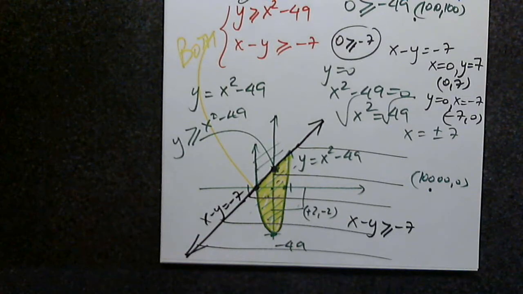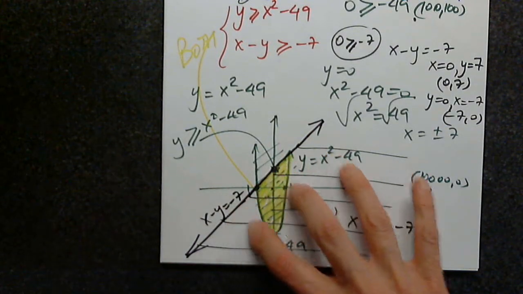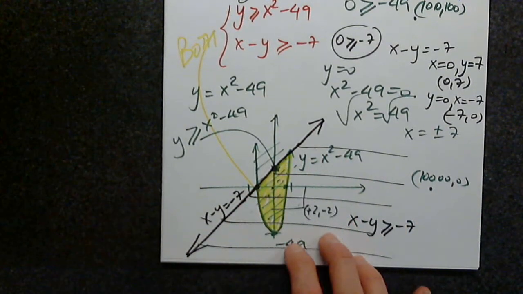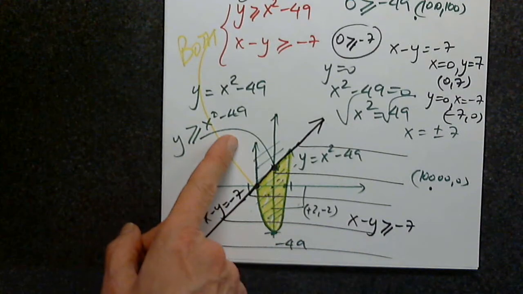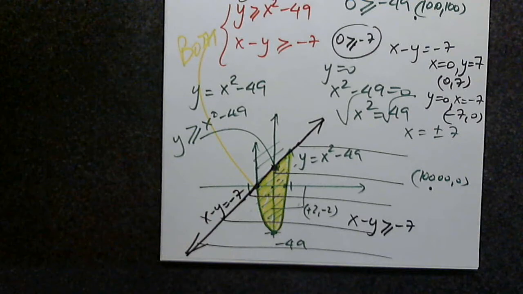But again, it doesn't matter which point you pick, but you have to remember where you picked it from and which region you are checking. If you pick from here, then you're checking the bottom region. If you pick from here, you're checking the upper region. So as long as you remember that, it doesn't matter which point you use. Very good question, actually.